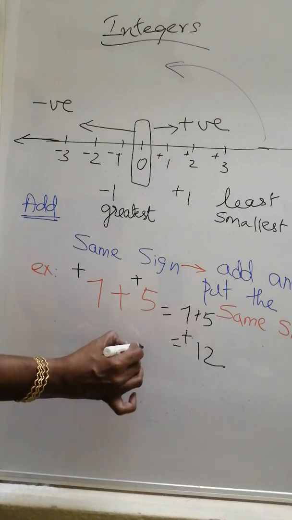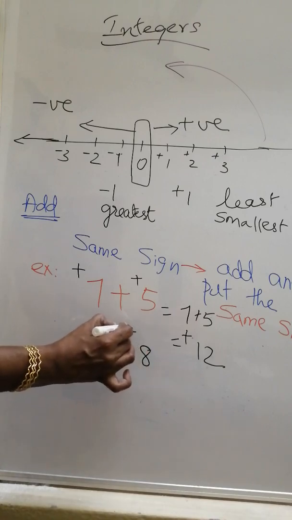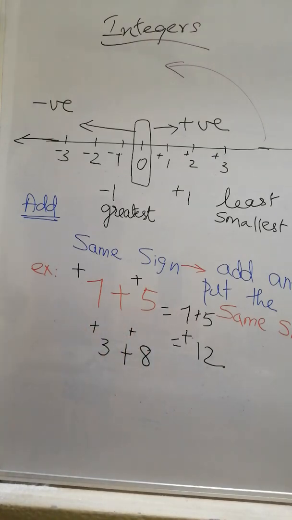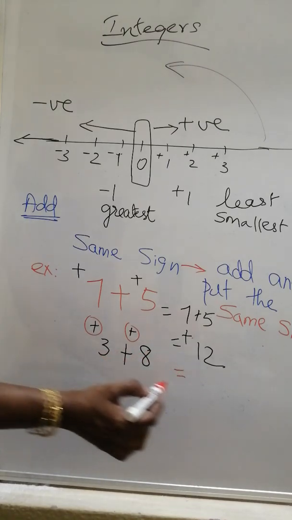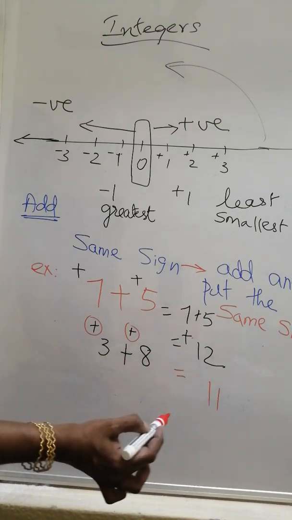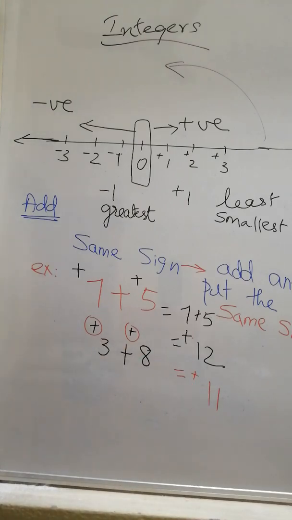One more example. 3 plus 8. Both have the same sign. Positive, positive. So, you add 3 plus 8 which gives you 11 and put the same sign.